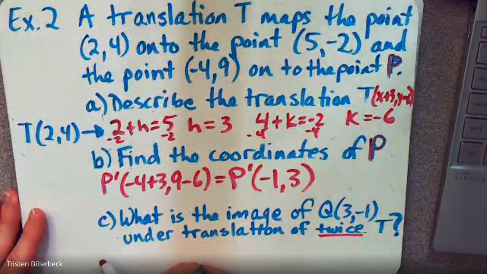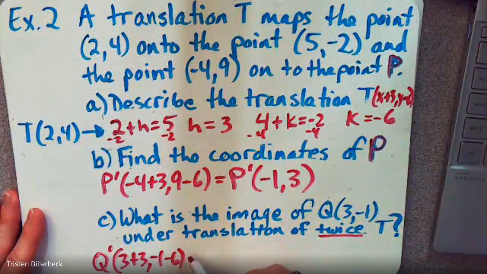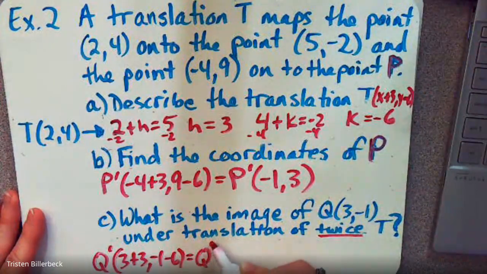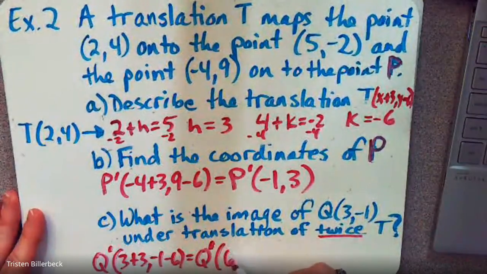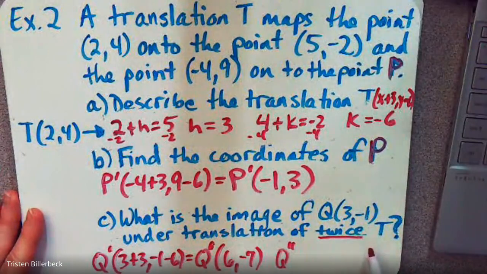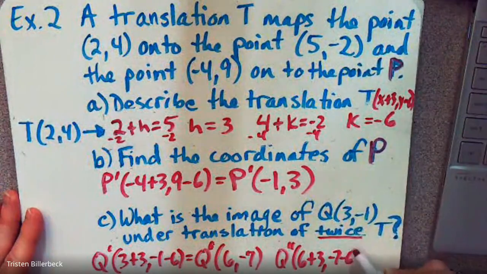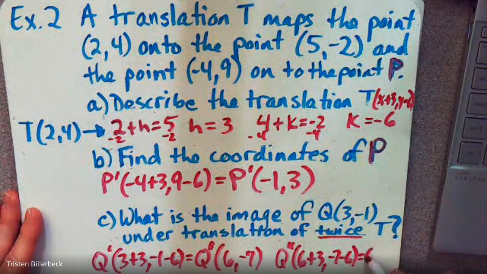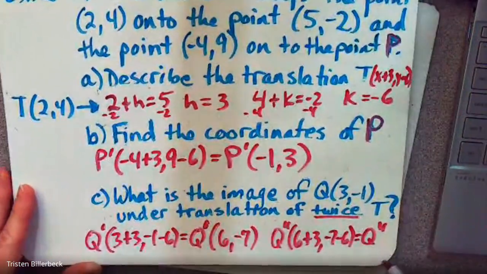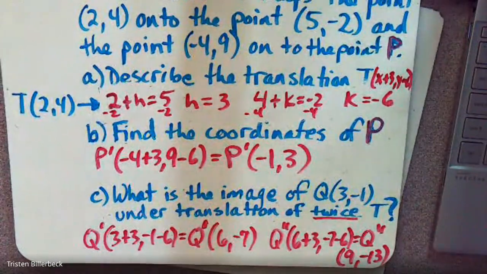Q prime would be 3 plus 3 and -1 minus 6, so Q prime is (6, -7). But Q double prime, because it said twice, is going to be 6 plus 3, -7 minus 6, so Q double prime is going to wind up being (9, -13). So that's how we do it using our math.